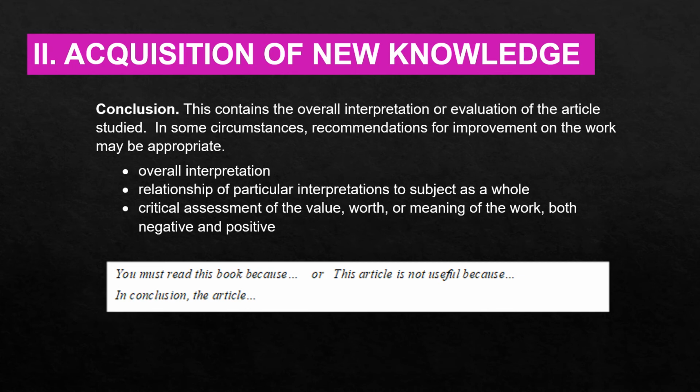You can begin your conclusion with the following phrases: You must read this book because, or this article is not useful because, or in conclusion, the article, okay? And then you can have your own style in ending your conclusion.